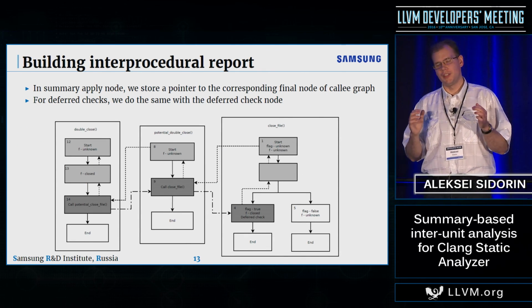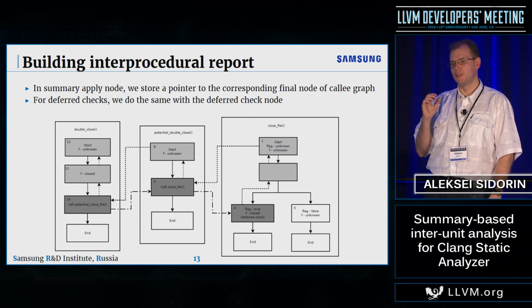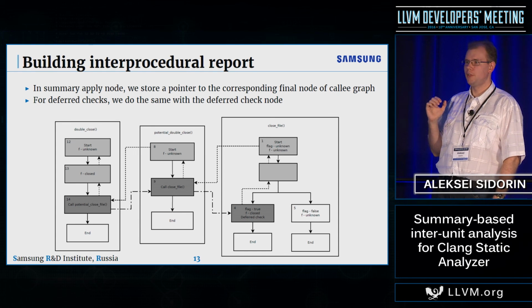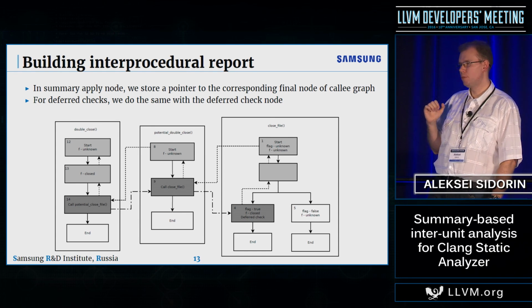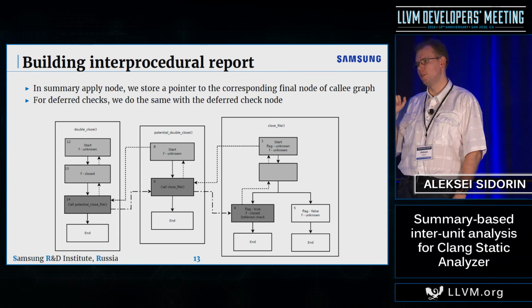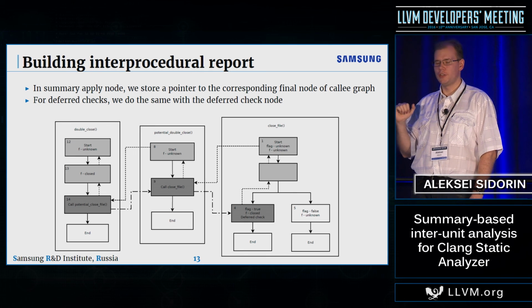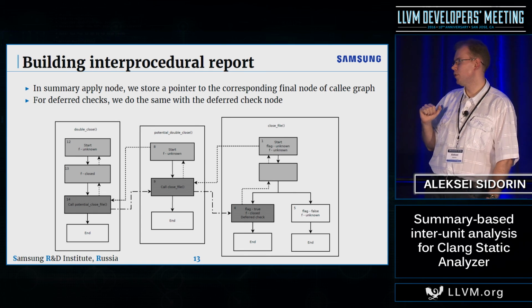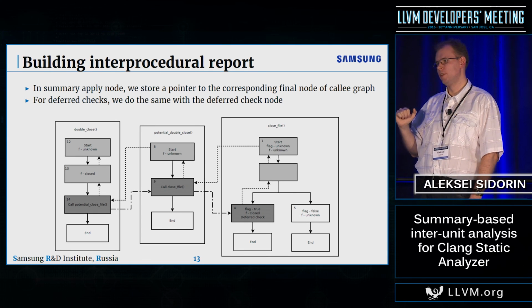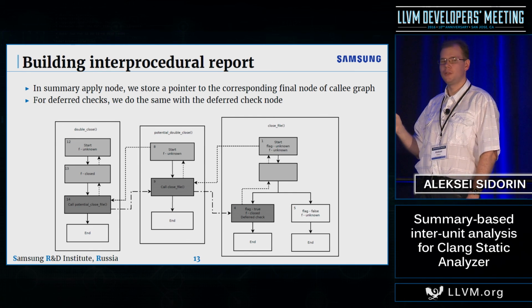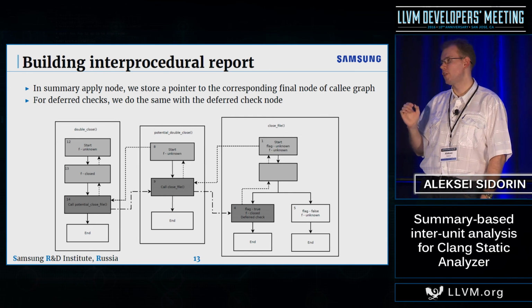After the analysis is done and all the warnings are thrown, we should build a nicely looking report. But there is a problem now, because we skipped all the paths inside the function and generated only a few nodes. The solution we use is just to keep the reference to the interesting node and the node of the summary application.